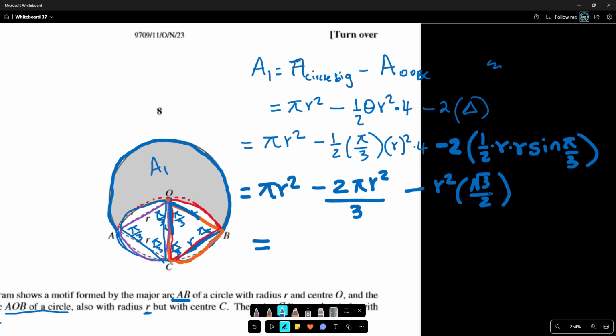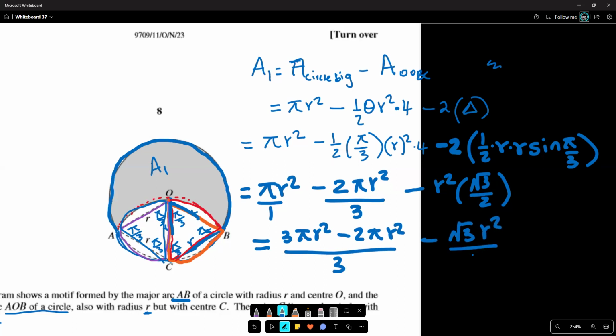This one is an unlike term, so this one will stay alone. But these are like terms, so I'm going to do LCD for these two. So here I'm going to multiply by 3 and there by 3. So I have 3 pi r squared minus 2 pi r squared all over 3, minus square root 3 r squared over 2.